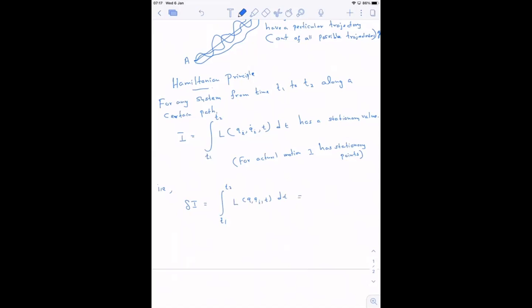Anybody have any idea what this means in terms of calculus? When I tell that it has stationary points, what should happen to the delta I value? That should be equal to what? So is it 0? That should be equal to 0, right? So that is the definition, right?